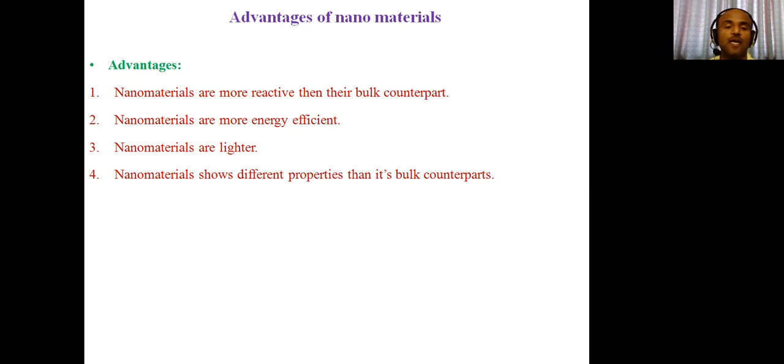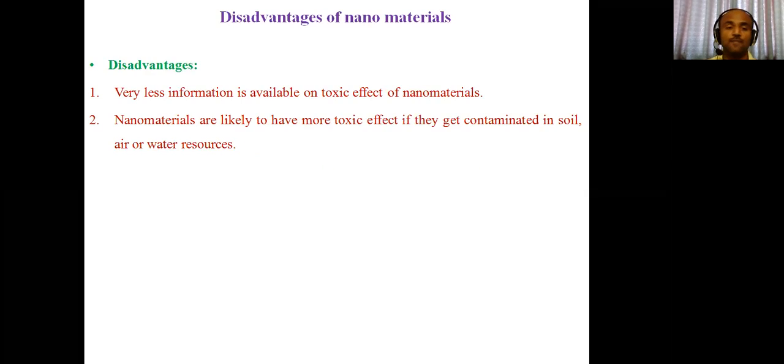Nanomaterials are more energy efficient. That is also one of the advantages. Third advantage, nanomaterials are lighter in weight. And last, nanomaterials show different properties than their bulk counterpart. And these different properties may be useful in various applications.